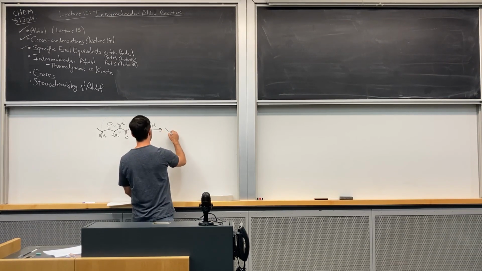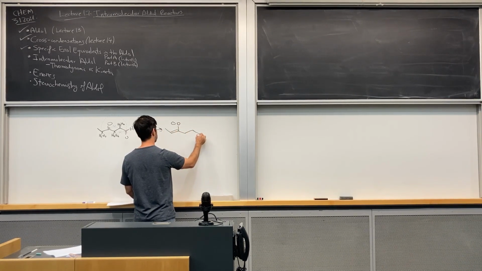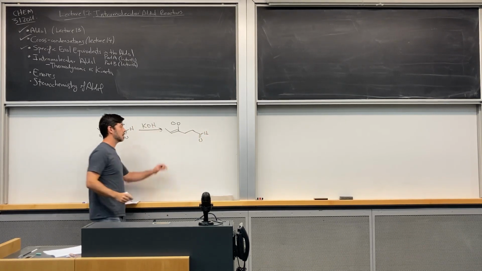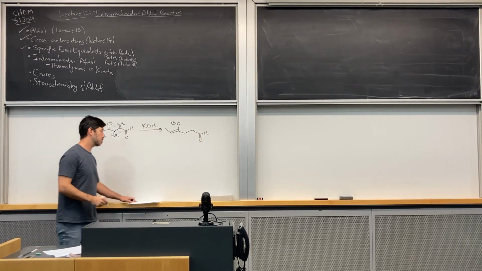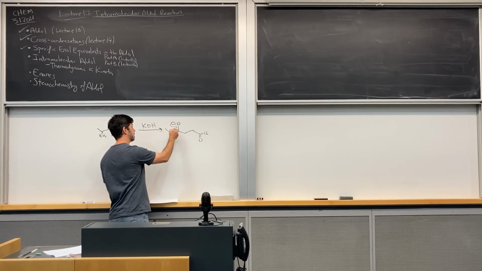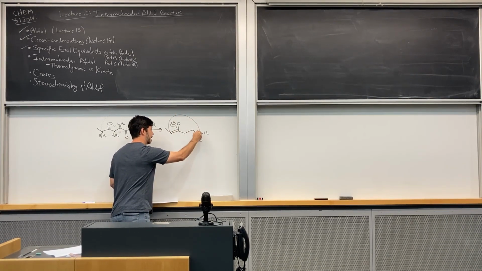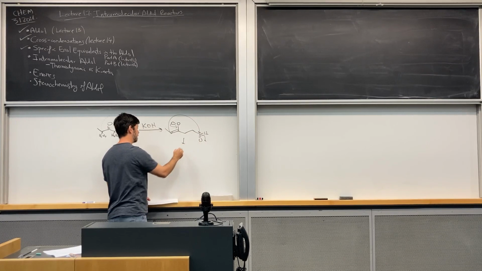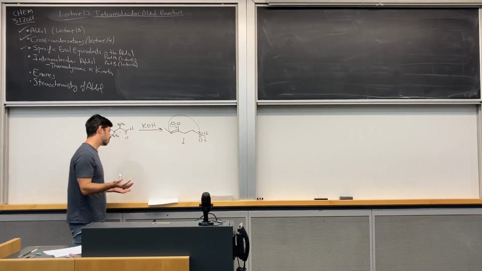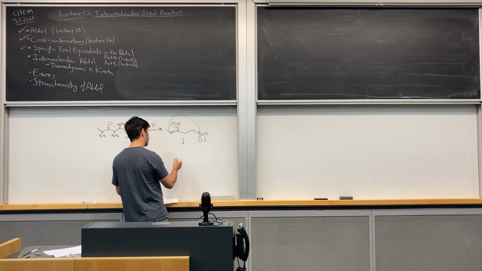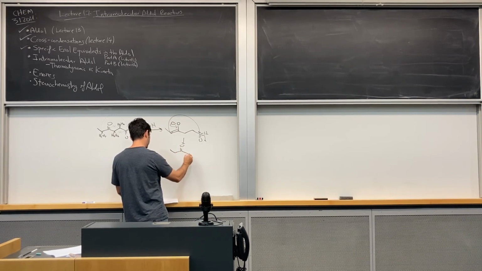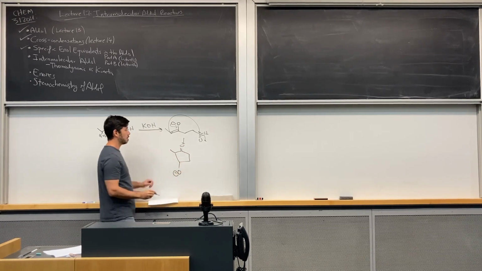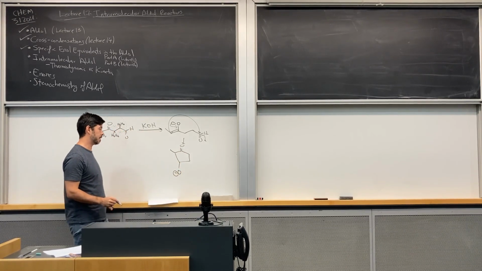So let's first form the enolate, as I'm showing you here. And what we're going to do is have this enolate come and attack through an intramolecular type of reaction. And what you're going to end up generating is that 5-membered ring, as we promised, and a molecular scaffold that's going to look like this.